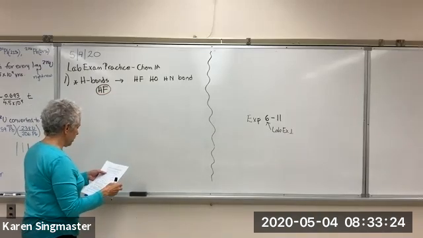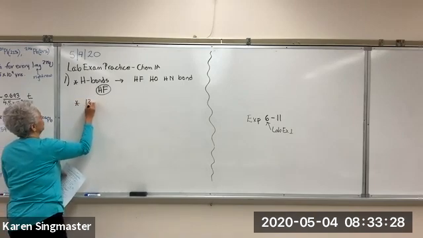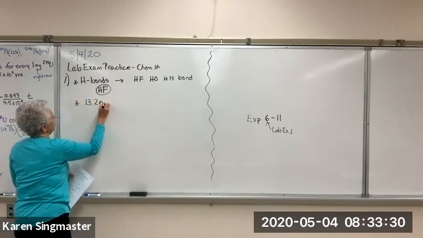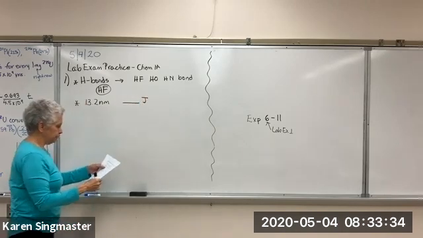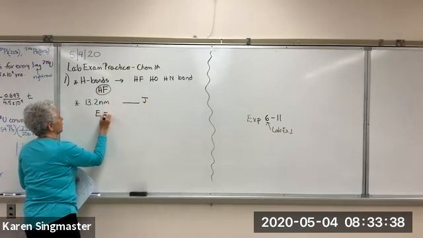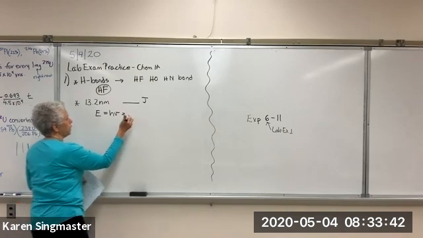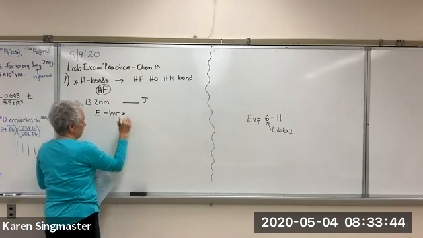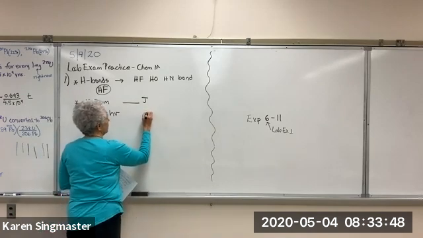Second question, the energy of a photon of light that is 13.2 nanometers equals how much energy in joules, all right? E equals h nu. This is energy, that's frequency, and you need nu.